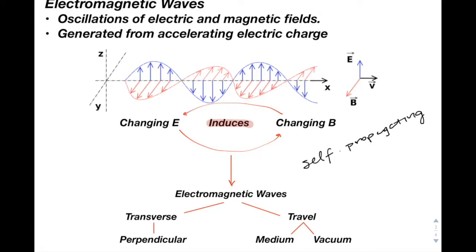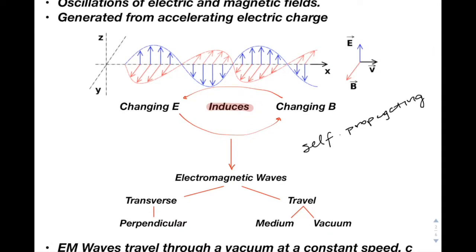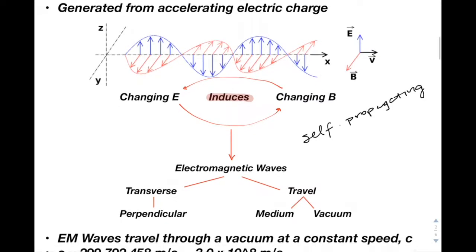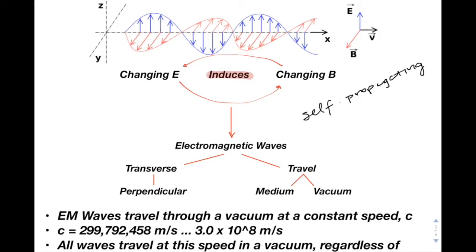And since the changing magnetic field has the capability to produce a changing electric field, that's how an electromagnetic wave can self-propagate itself. And so these changing electric fields and changing magnetic fields, as you can see by the diagram, produce the electromagnetic waves.